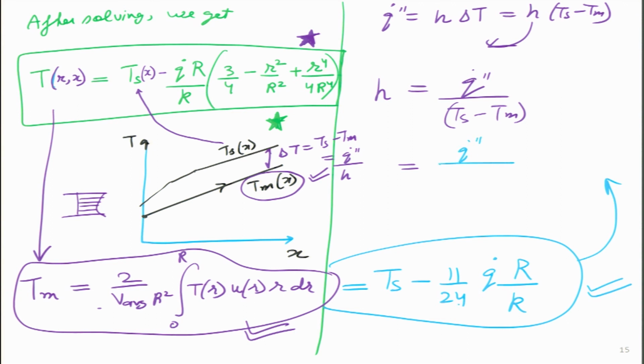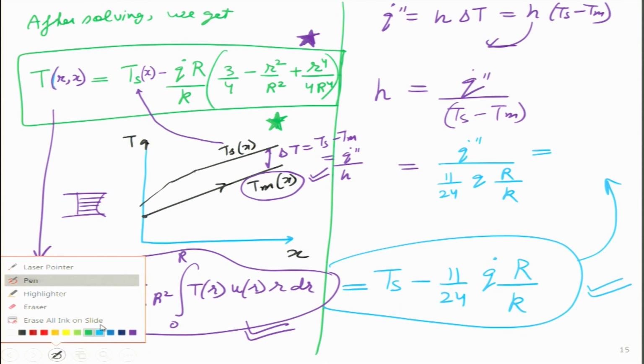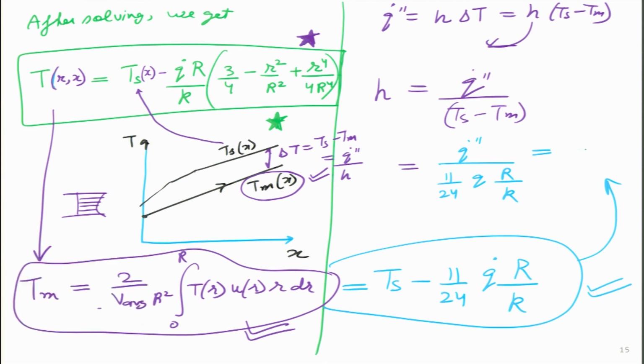What is the denominator? The denominator simply becomes 11 by 24 q R by K. Again, a lot of cancellations we can make, and this whole thing will become simply equal to, let me write it in another color, 24K divided by 11R.